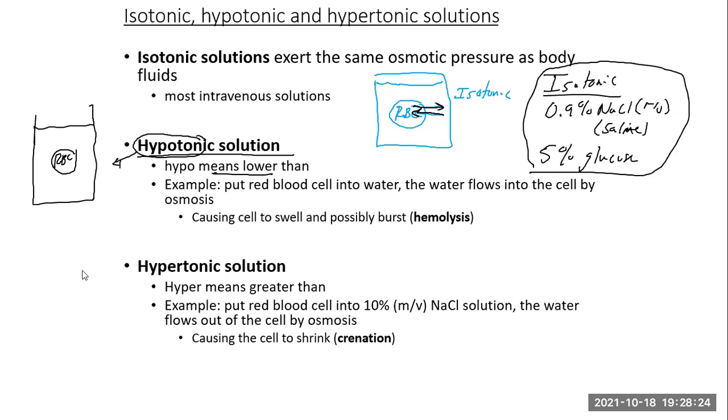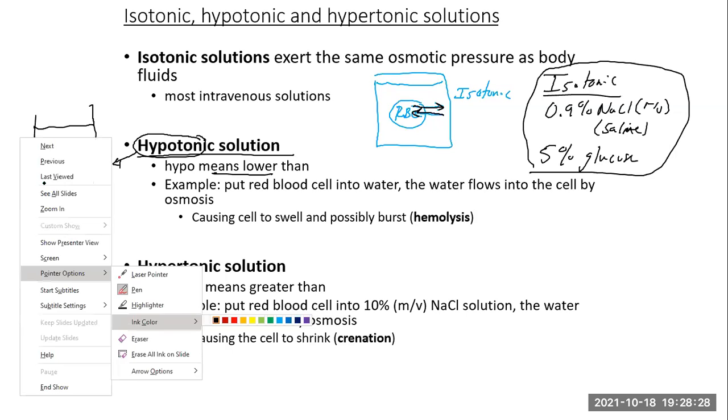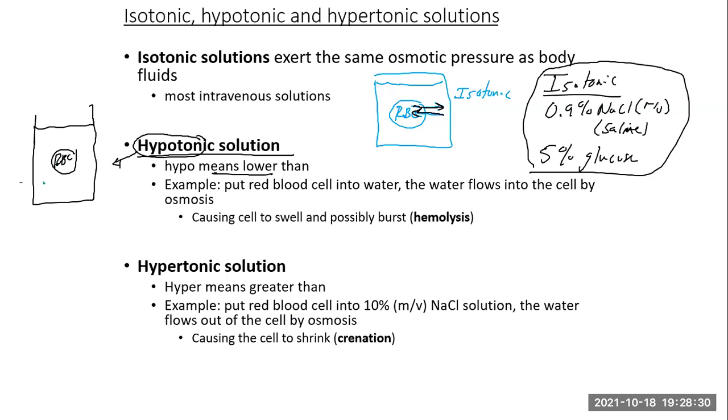So what's going to happen is by osmosis, everybody from outside the cell is going to go, we need to rush into the cell because we need to dilute it down. The result of that is our cell is going to start to swell and burst, which is not a good thing. That's known as hemolysis. Again, not a good thing that occurs.